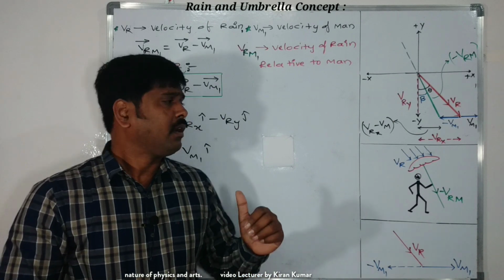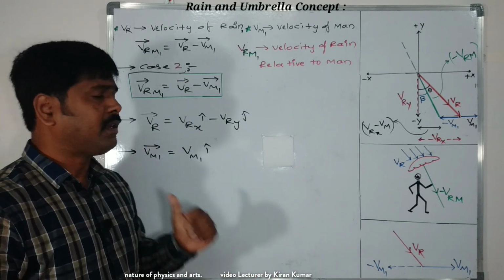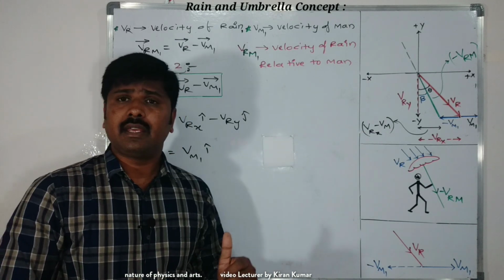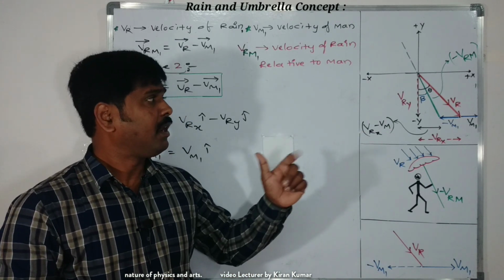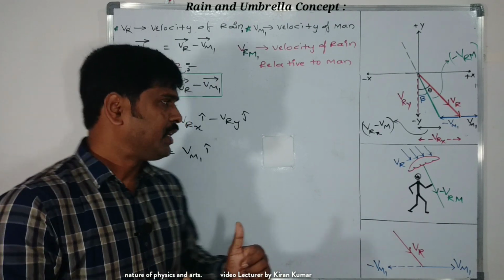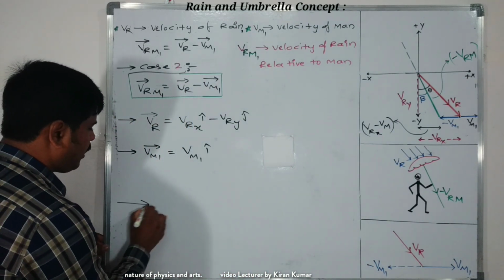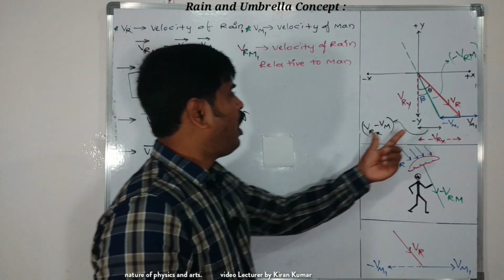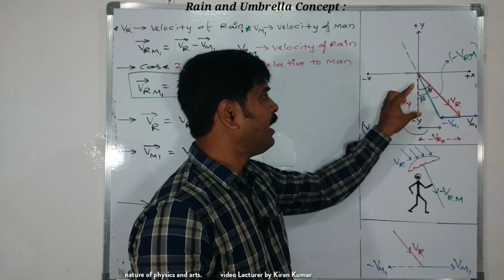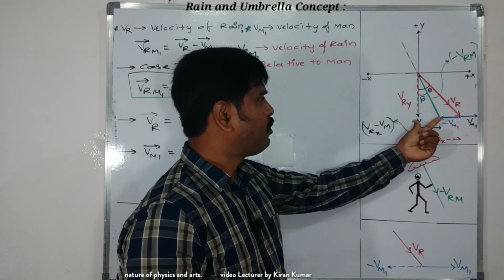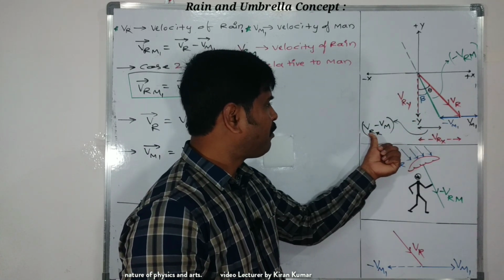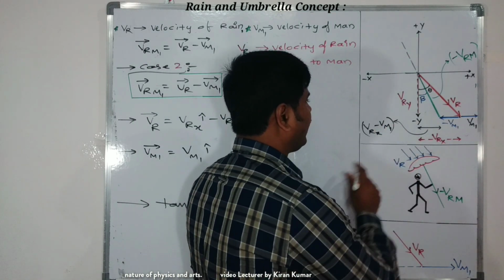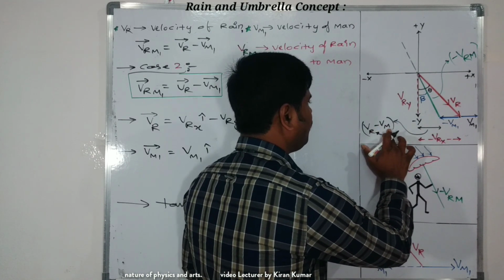Then we have to find beta. What is beta here? Just now we did: beta is the angle made by the umbrella with the vertical. So tan beta is equal to the opposite side divided by the adjacent side. The opposite side represents Vrx minus Vm1.